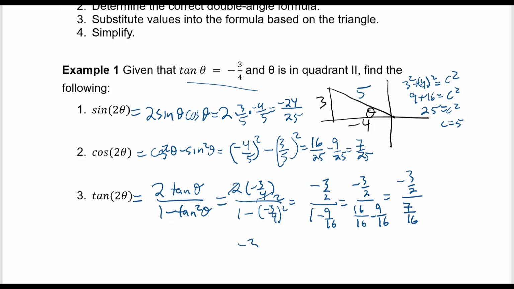So it'll be negative 3/2 times 16 over 7, because when dividing by a fraction, I multiply by the reciprocal. So the 2 and the 16 reduce, which makes that an 8, and this a 1. So negative 3 times 8 is negative 24 over 7. That's it for that one.